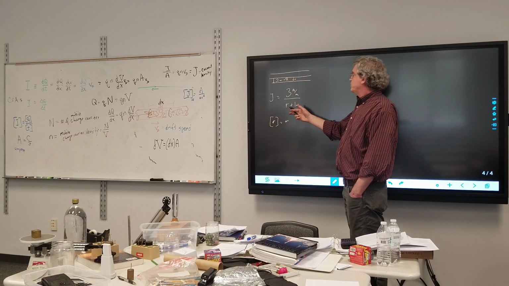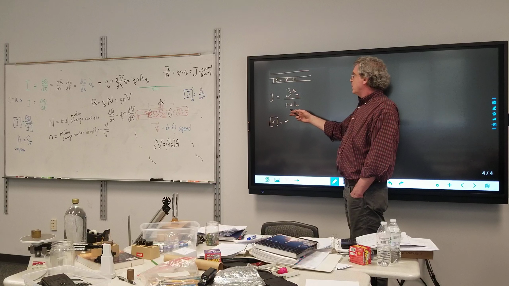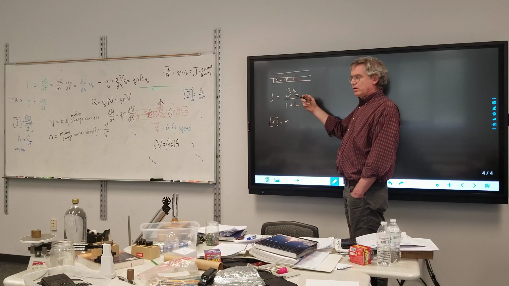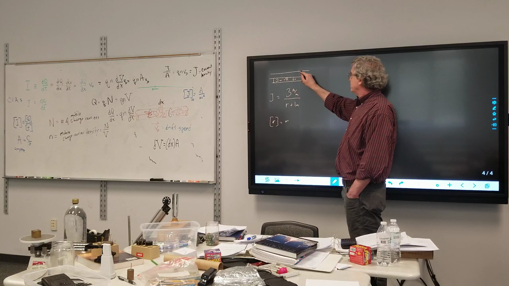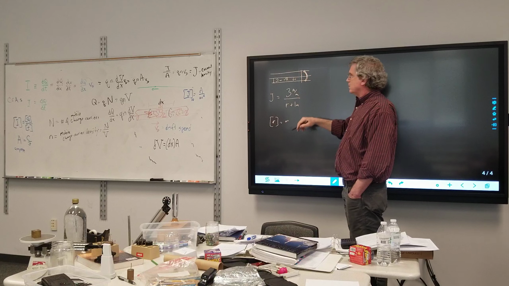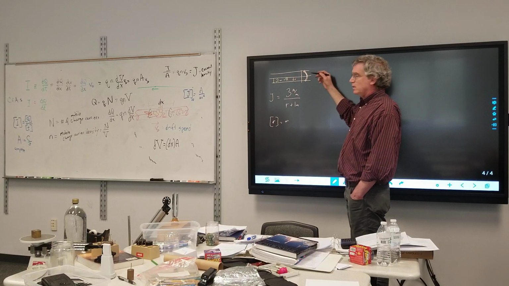So when r is small, I have my maximum current. As r gets bigger, the current slows down. So if I'm looking at a cross section right here, my current would crudely look something like that, where I could lose current in the middle.